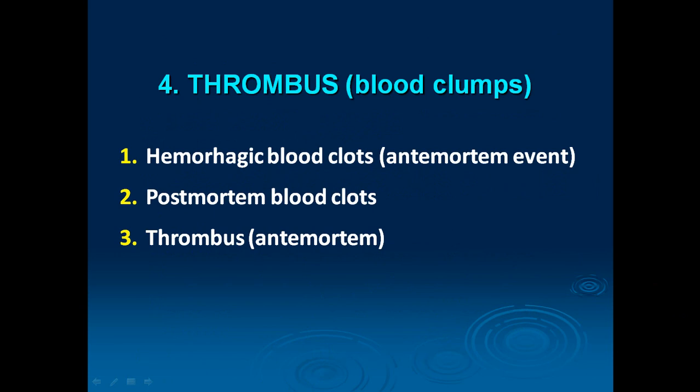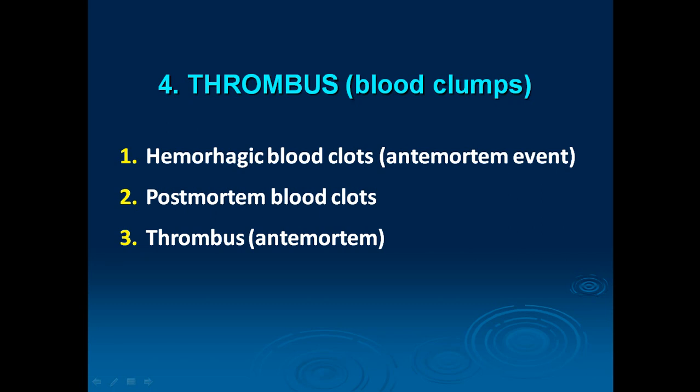Then there is also what we call a thrombus. Thrombus literally means blood clumps. These blood clumps can be categorized into three kinds of morphology. First is the hemorrhagic blood clot. This is an antemortem event. Then the postmortem blood clot.